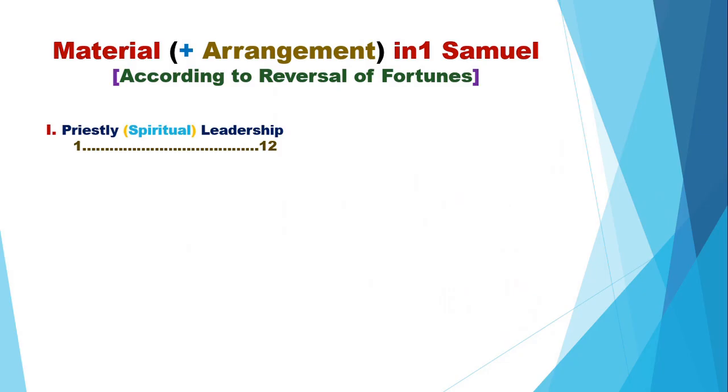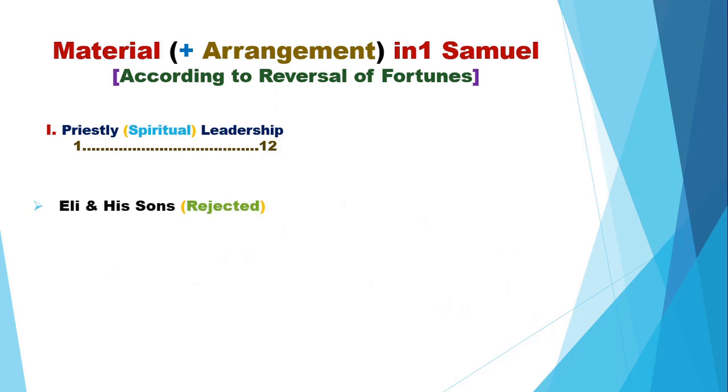So we have chapters 1 to 12, and I've titled it Priestly Leadership or Spiritual Leadership. Okay, so always remember to title your divisions and even label them. I've labeled it using capital Roman numerals there, which is I. So our first division is priestly leadership or spiritual leadership.